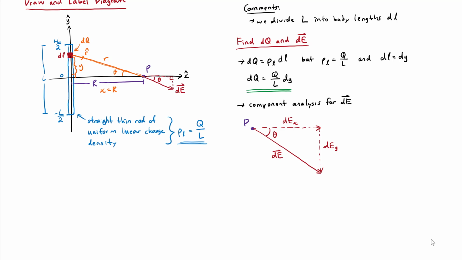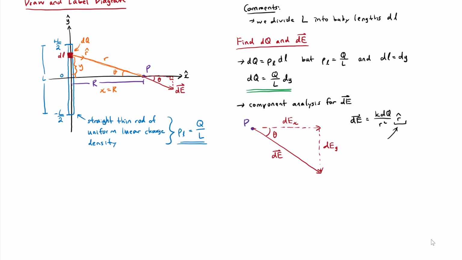So then one thing we have to look at when we're looking at component analysis is this r. So when I'm taking a look at r, I know that dE is going to be equal to k dq over r squared in the r hat direction. So I need a way to analyze this r hat as well, and the r hat is in the same direction as dE.